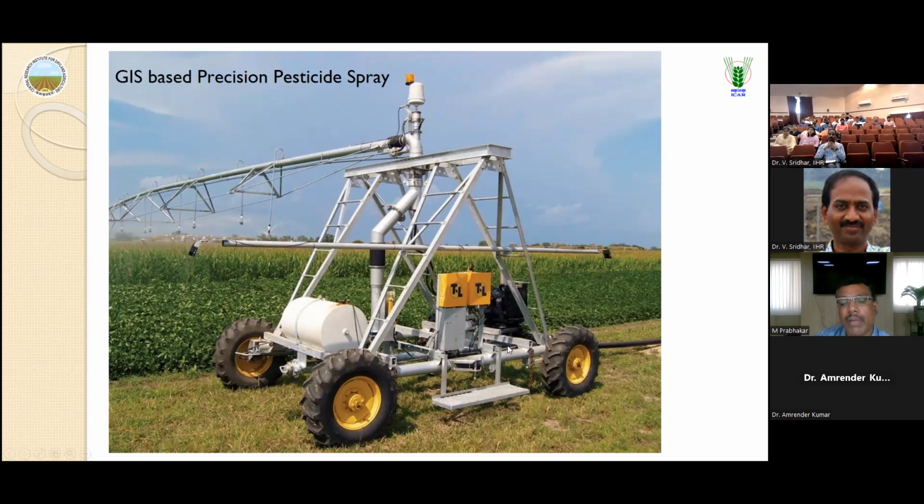It will move very slowly and open its nozzles when there is damage, and that's called precision agriculture. So you can save a lot of pesticides, and also target the exact pest in the field. This is already in practice in developed countries. Very soon, I assume it will come in India also.